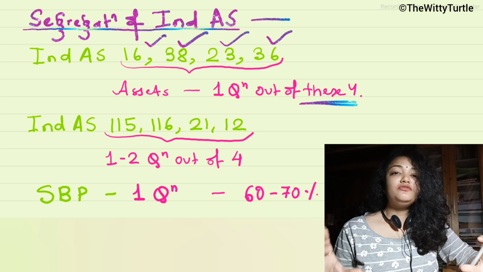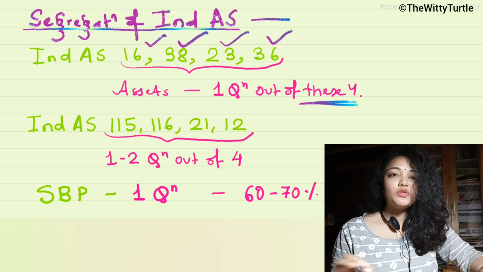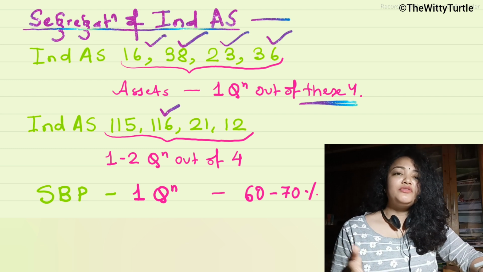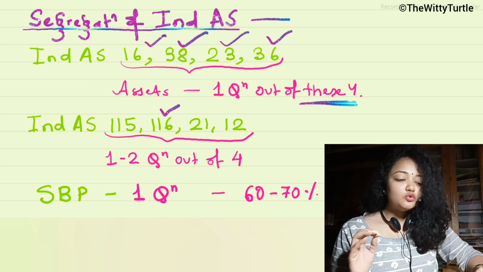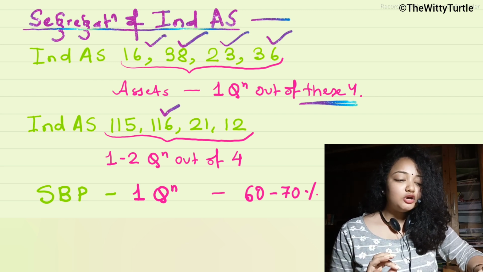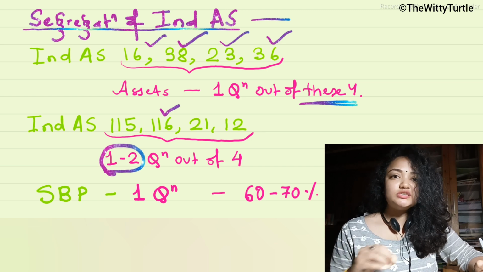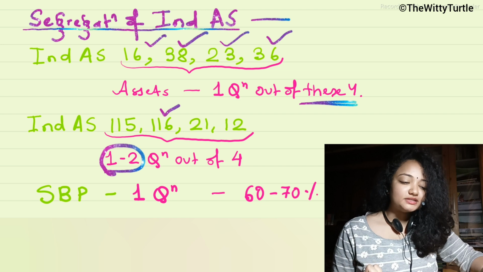These four are again very important Ind ASs. 116 is our lease, and I think every term you are getting at least one question from Ind AS 116, right? So there is a high chance that you might get one or two questions out of these four. In some terms one can come, in some terms two can also come.